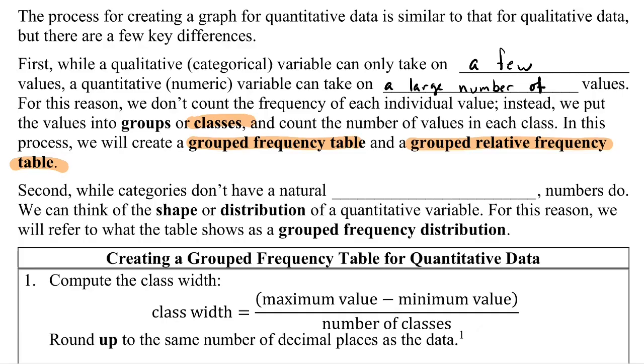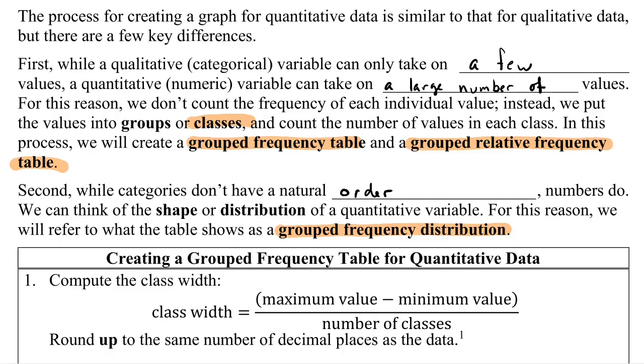Second, while categories don't have a natural order, so in a bar graph we can put the bars in whatever order we want, numbers do have a natural order, just numerical order. And so we're going to think about the shape or distribution of the values for that variable. We'll talk more about this later, but that's why we're often going to talk about a grouped frequency distribution.